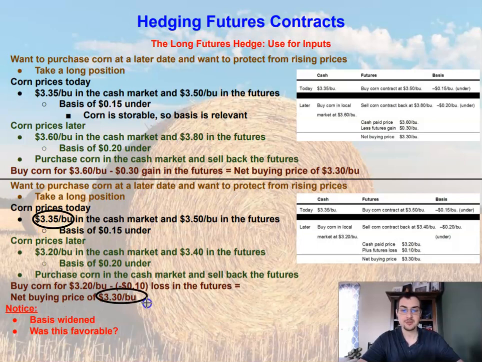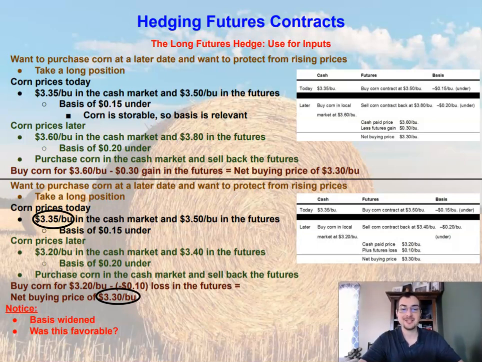Our net buying price wound up being $3.30, which is still lower than $3.35. Even though prices fell, we're still in a better place than what we originally would have been because we hedged our commodity and because that basis widened.